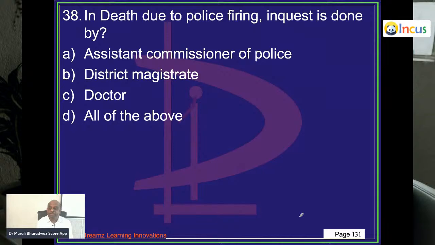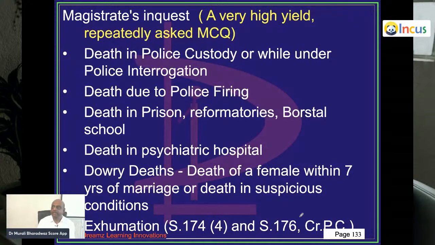In a death because of police firing, inquest is done by the district magistrate. Collector in a district is a district magistrate. So, magistrate's inquest, what are the special situations where the magistrate does inquest? Whenever a person dies in police custody, police inquest cannot be done.